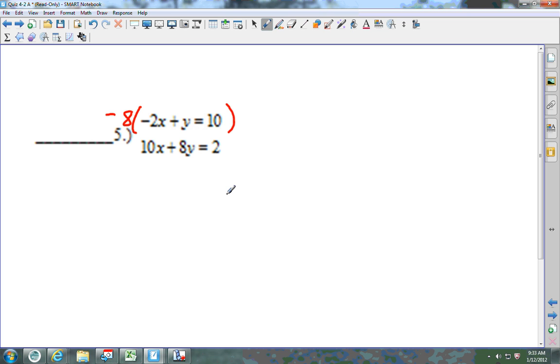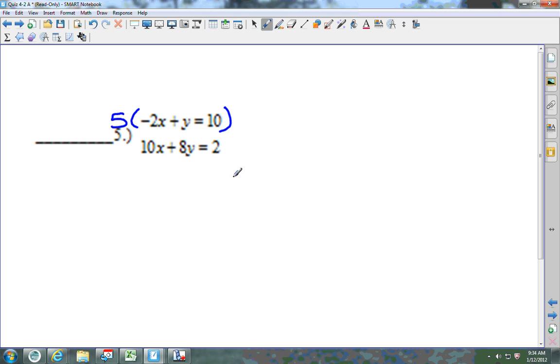So you could multiply by a negative 8. That's one way. Now, a lot of times I look and see, is there a variable where one of them is negative and one of them is positive? The x's are, but what number needs to be right here? It needs to be the same as down here, so it needs to be a 10. 2 times what gives you 10? 5. So I'm going to go ahead and work it out this way.